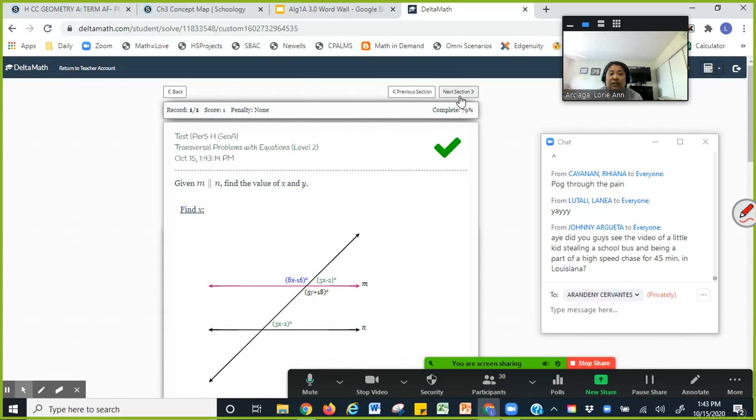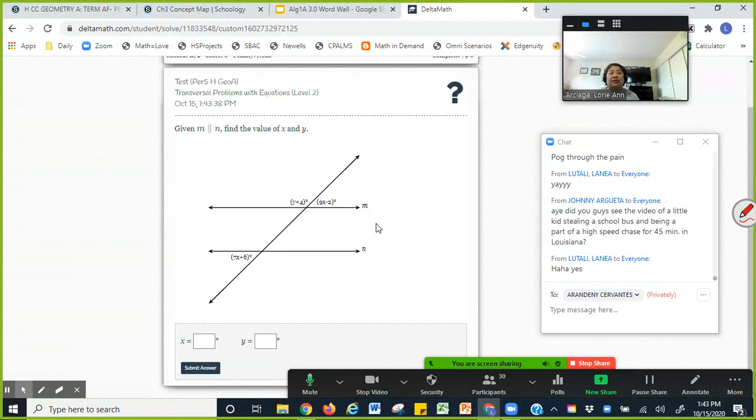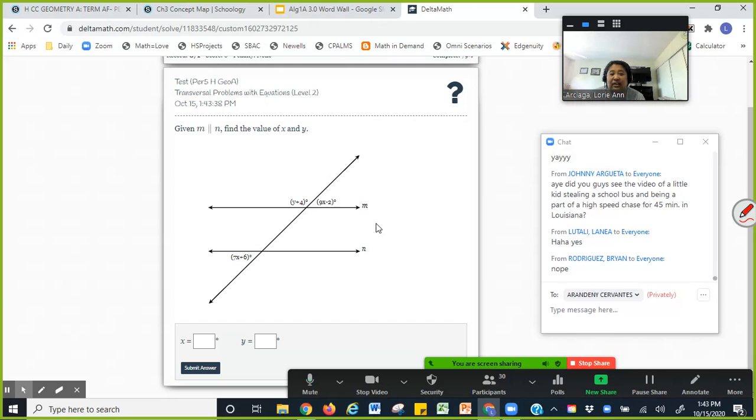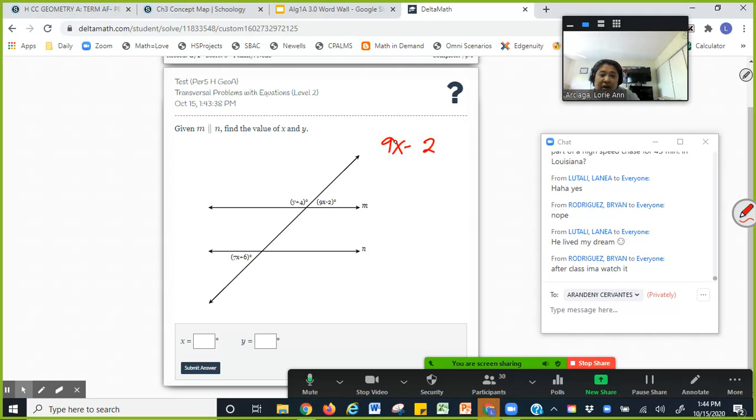Now let's move on to the next section. Here we go. Oh, this one has two variables again. Okay, let's focus on this one. Ooh, this is interesting. I think there's a direct relationship between the 9x minus 2, this one, and what's this? 7x plus 6, right?